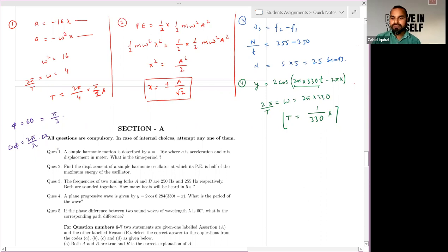We have to calculate delta x. So delta x equals phase difference, pi by 3, multiplied by lambda divided by 2 pi. Pi cancels out, leaving lambda by 6 as the path difference for a phase difference of pi by 3. Is it clear? Yes, sir.